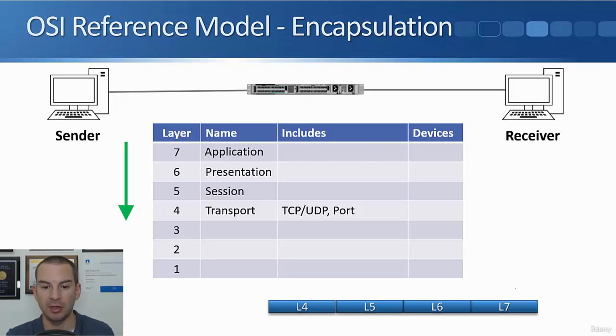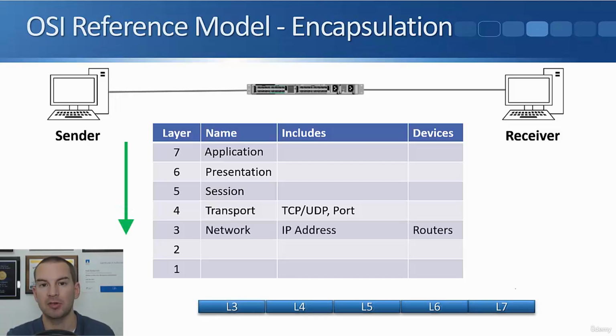Okay, next thing that happens is that will then be encapsulated with our layer 3 header. Layer 3 is the network layer. And important information that is included there is the source and destination IP address. A network device that operates at layer 3 is our routers.